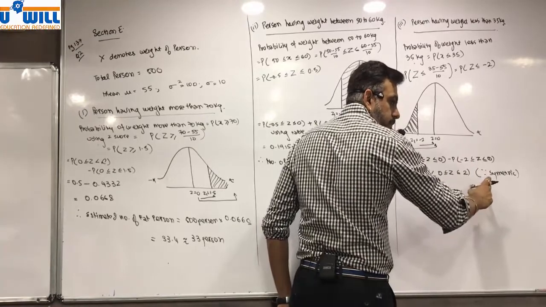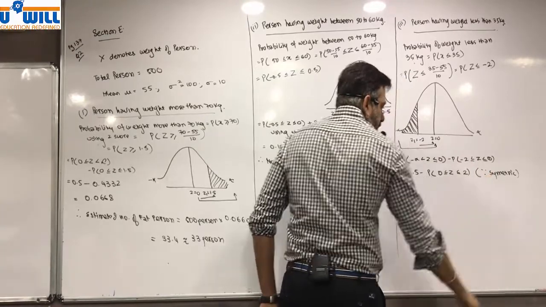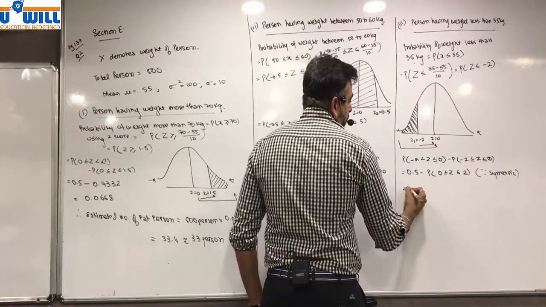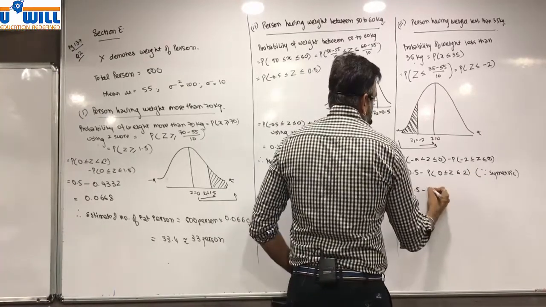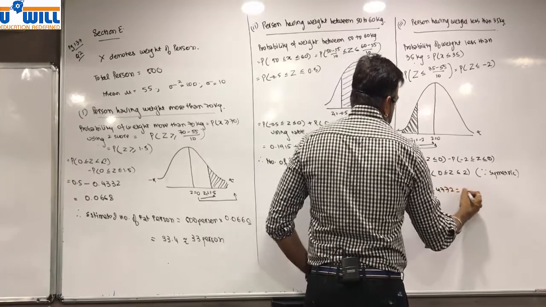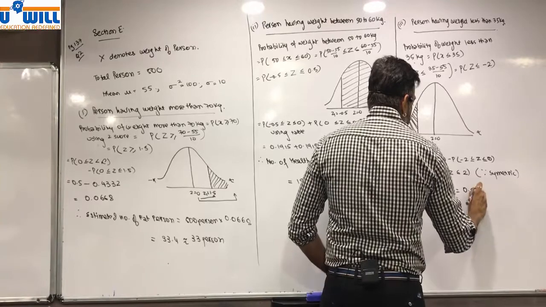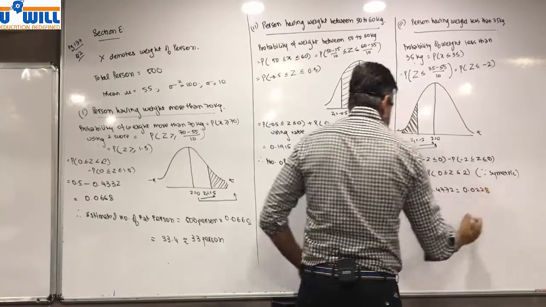Was it like this in the textbook? Okay. It wasn't? Yes. Okay. Now which is equal to 0.5 minus 0.4772, which is equal to 0.0228.